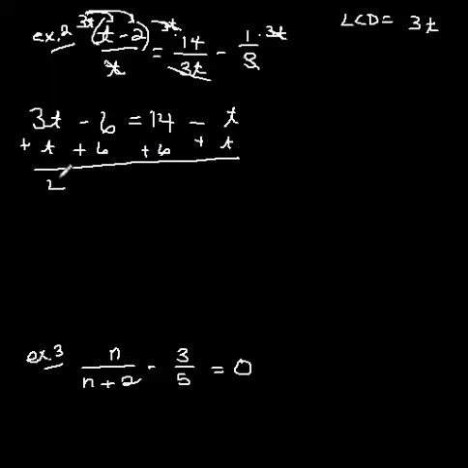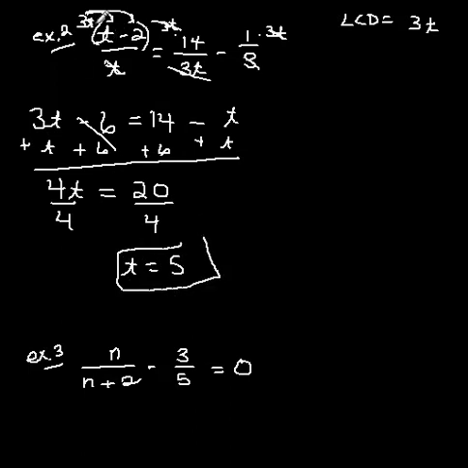So we get 4t, these cross out, equals, did I make a mistake on that one? 4t equals, nope, we're good, equals 20. And we divide both sides by 4, and you get t equals 5. The trick on this one was make sure you distribute when you have a binomial.